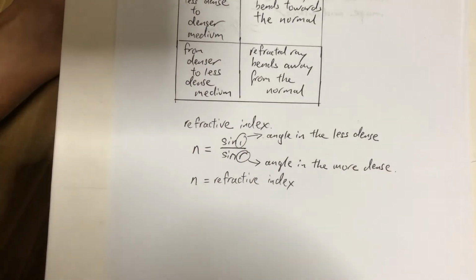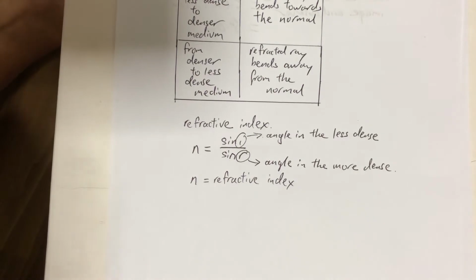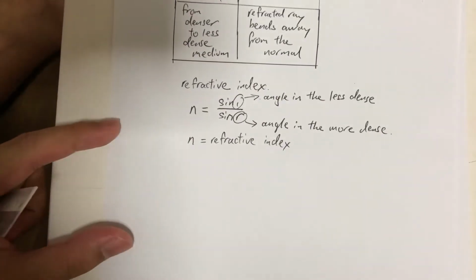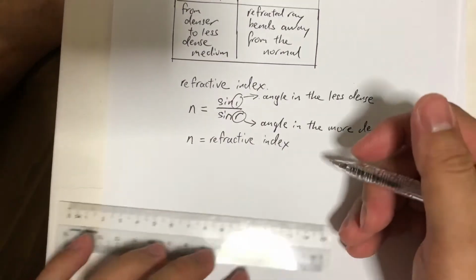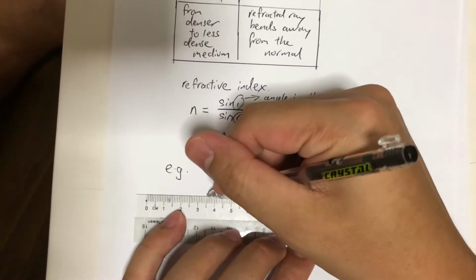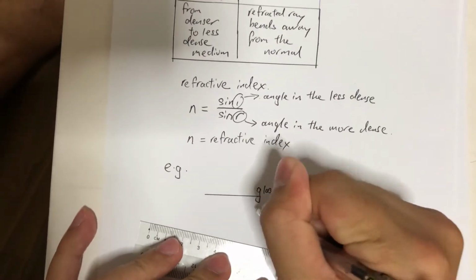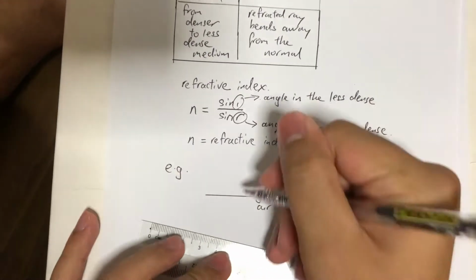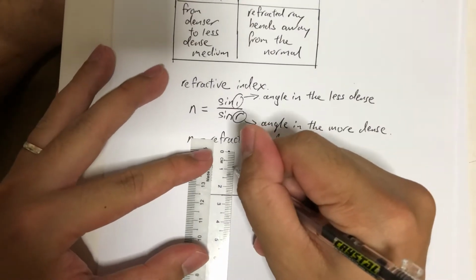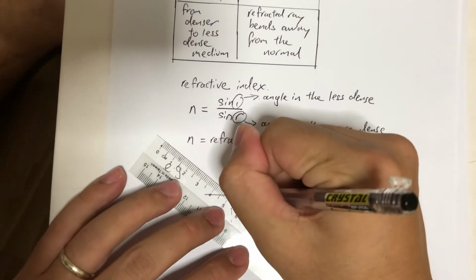Okay, let's apply it so that you know what I'm talking about here. I'm going to give you an example. We have a situation with glass and air at the bottom, and the light ray is actually traveling from the glass into the air.